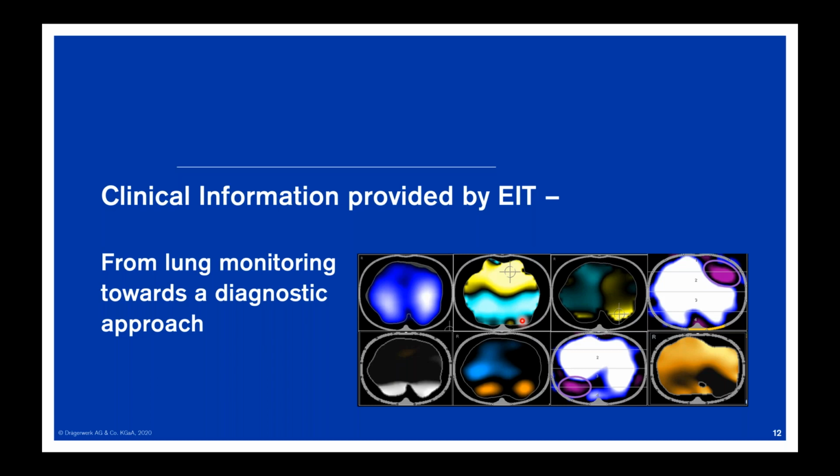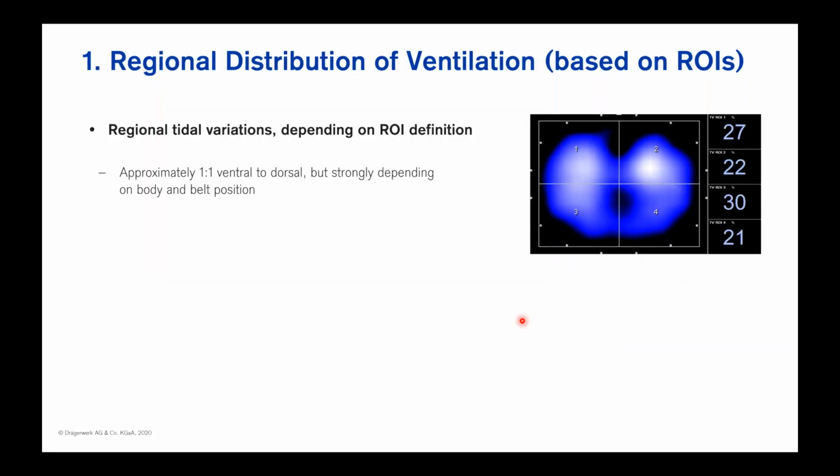But right now, we are getting more and more information that is more specific for specific lung conditions. So we are able to detect conditions such as pleural effusion, overdistension, cyclic opening and closing, or a pneumothorax. And that is something that I would like to quickly introduce in order to understand the capabilities of our device much better.